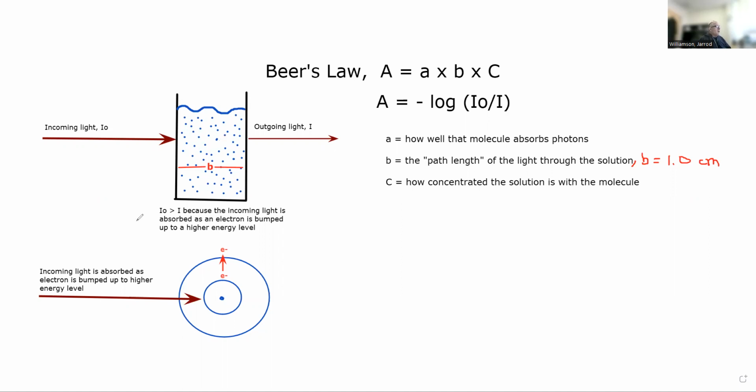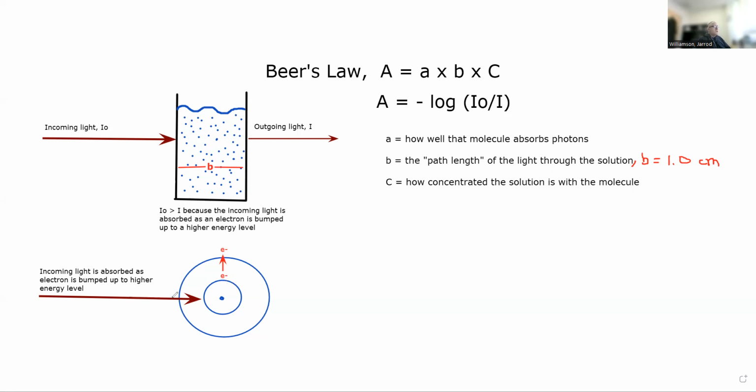The way that this incoming light is absorbed by the molecule in there is that the incoming light comes in as photons, and these photons get absorbed by electrons at a low energy level in an atomic orbital, or we could talk about molecular orbitals later.